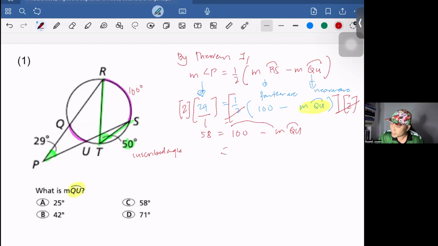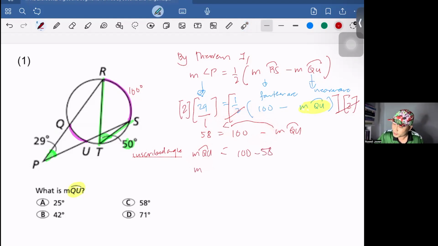Transposing negative RQU, as you can see, the measure of RQU is negative, so that will become positive if transposed. The sign here is negative, right? If you transpose, this will become positive. The measure of RQU equals 100 minus, and this time you transpose 58, that will become negative 58.